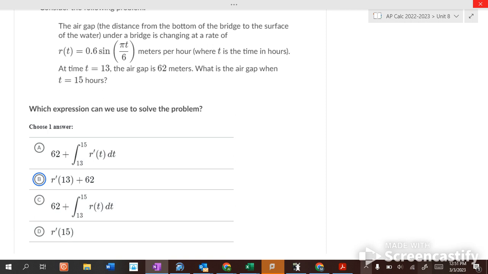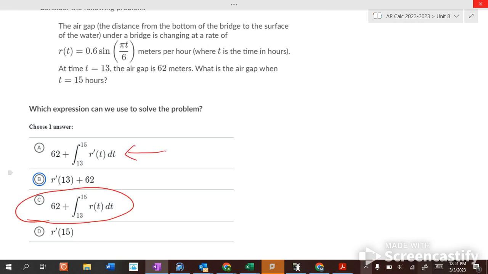Well, you have to take the air gap at 13 hours, which was 62, plus the difference from 13 to 15. So it is this one.